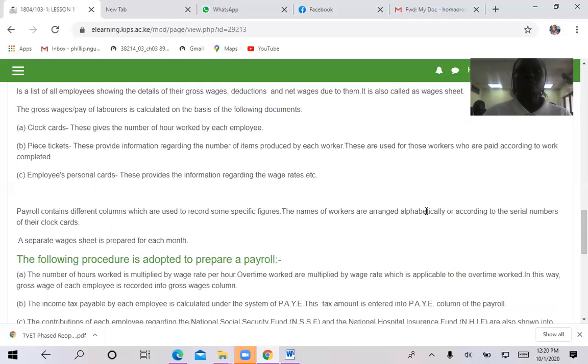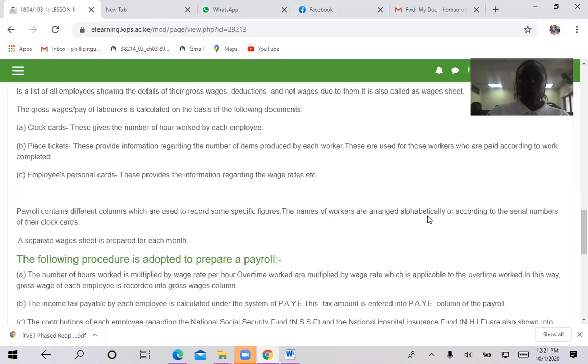These are used for those workers who are paid according to work completed, like the piece rate method. We are going to learn about the methods of calculating wages. Employees' personal cards will provide information regarding the wage rates.